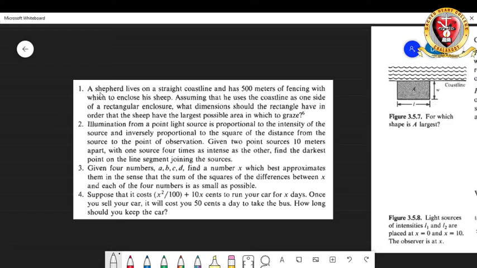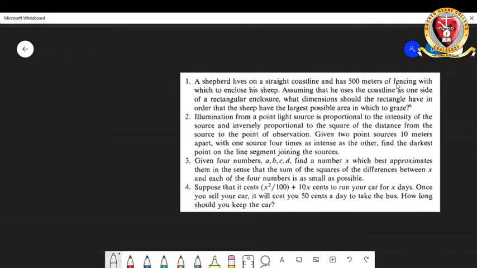The first problem is that a shepherd lives on a straight coastline and has 500 meters of fencing with which to enclose his sheep. Assuming that he uses the coastline as one side of a rectangular enclosure, what dimensions should the rectangle have in order for the sheep to have the largest possible area in which to graze?